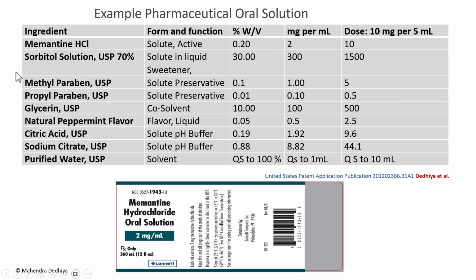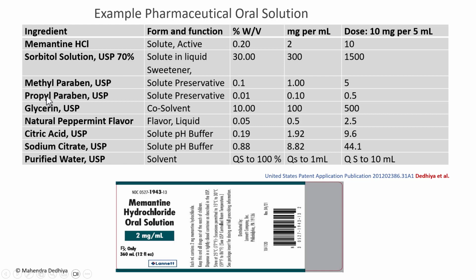So the first example is a pharmaceutical oral solution. This is memantine oral solution. The salt is memantine hydrochloride. Memantine hydrochloride solution, according to the patent application, contains sorbitol solution USP 70%. This is a solute in a liquid form and its function is sweetener.